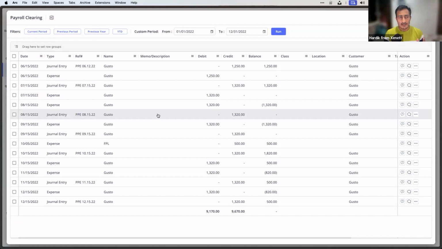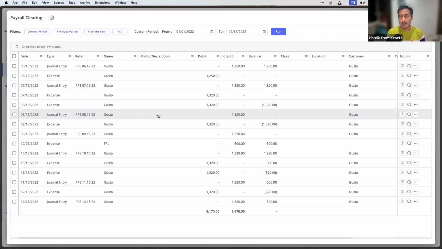But what we generally do is, whenever we record the payroll, on one side we book the general entry, with expenses on one side, and on the credit side we have the liabilities. So there is one entry that we record on the liability side, and then whenever the payroll is paid, that's when we book the payment entry.